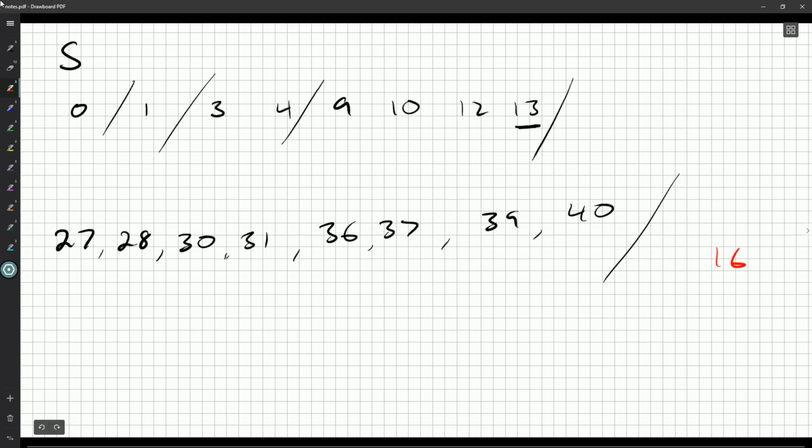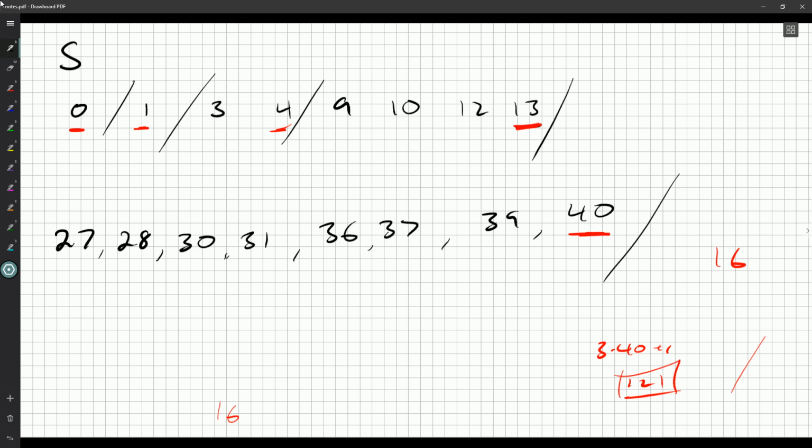And let's look at the largest number that we add when we're adding new numbers. It goes from 0 to 1 to 4 to 13 to 40. The next group will be 16 numbers, and it'll end with 3 times 40 plus 1, or 121. So let's figure out which group we have 2017 in.